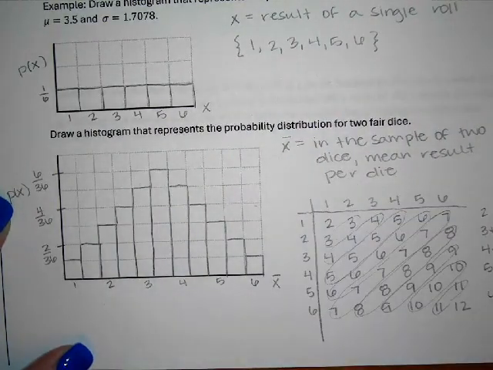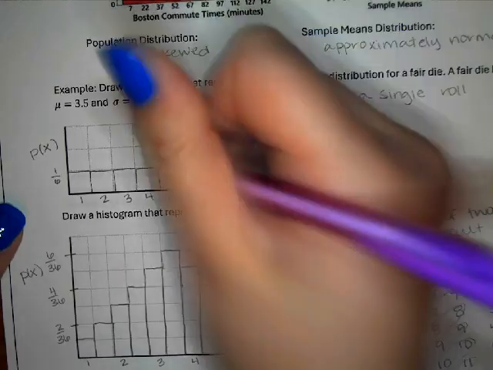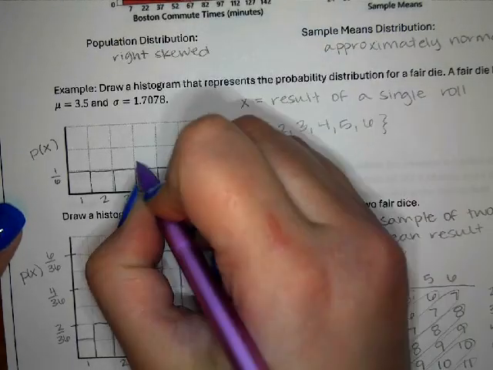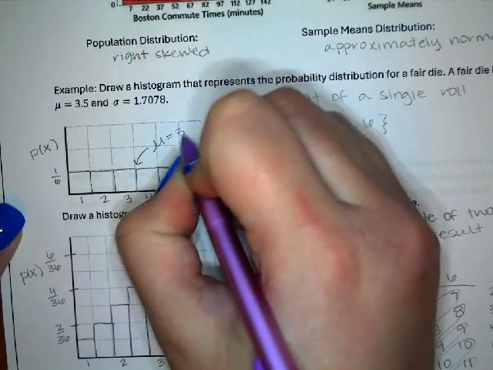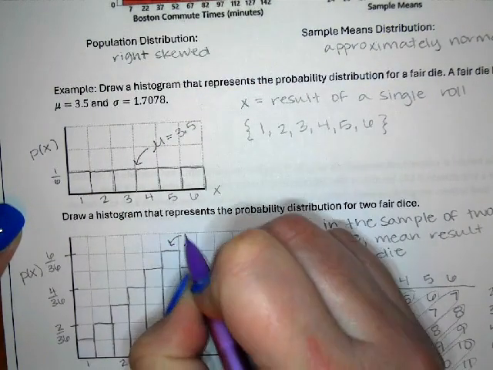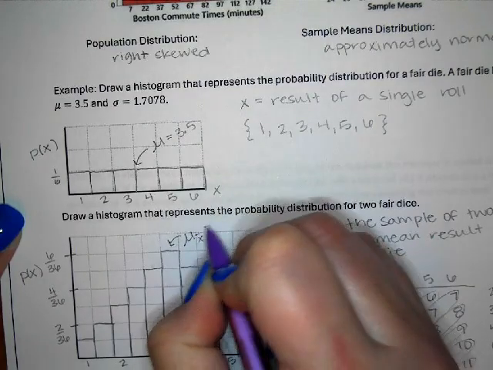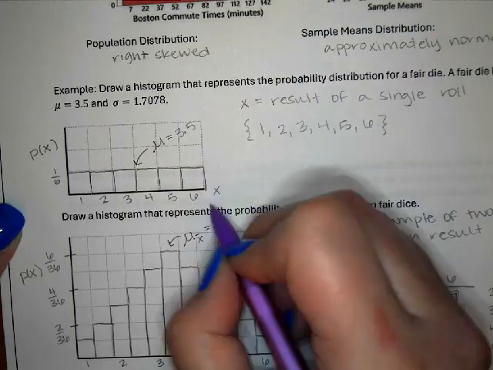So if we look at the mean for both of these, the mean is the same. You can see that the middle for this is 3.5. You can see that the middle for this one, mu of x bar, is also 3.5.